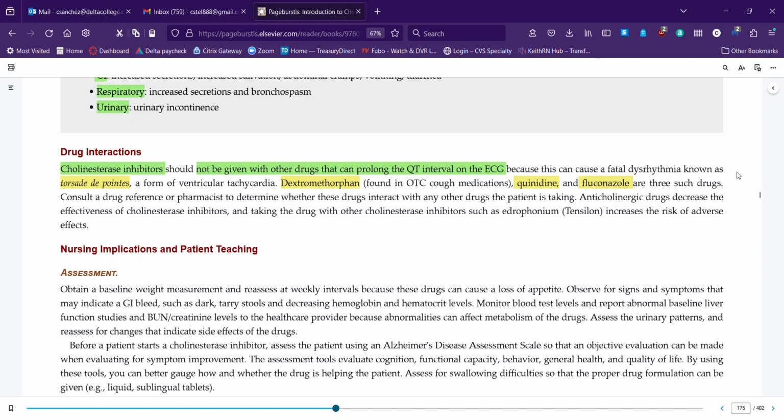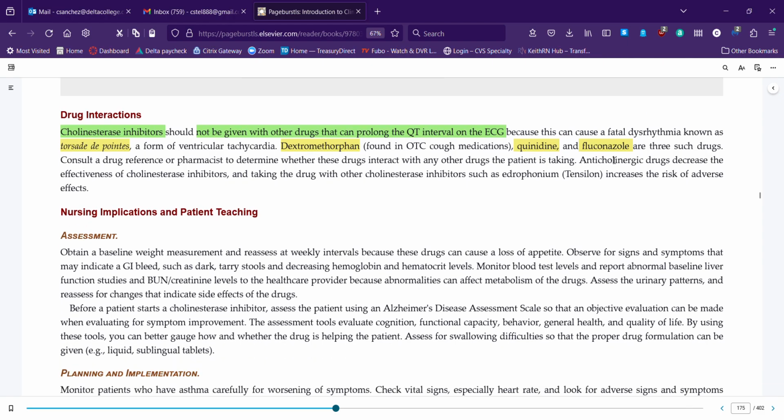So you want to make sure that you consult your drug books to make sure that you know what interacts with different medications. Also, your anticholinergic drugs will decrease the effectiveness of the cholinesterase inhibitors. So you don't want to take any of the anticholinergic drugs, okay, because it's going to decrease the effectiveness of the drug.